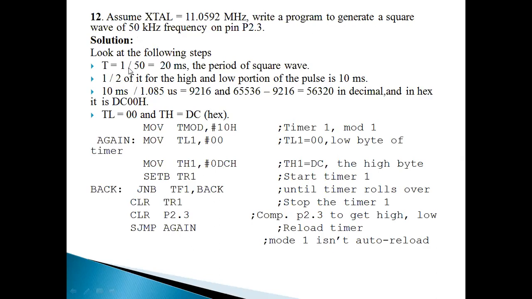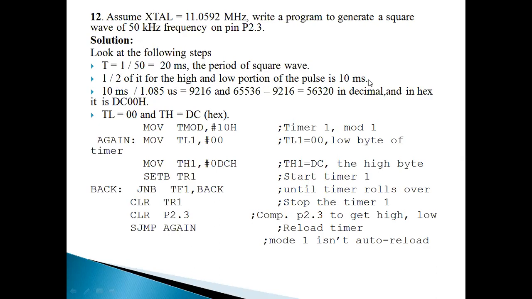Here T is equal to 1 by 50 because 50 is the frequency. We get 20 milliseconds as the period of the square wave. We have to divide 20 milliseconds by 2 because half of it will be for the high portion and half of it will be for the low portion.